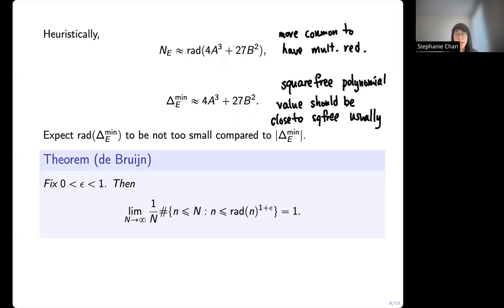And over integers, this is a classical theorem by de Bruijn.